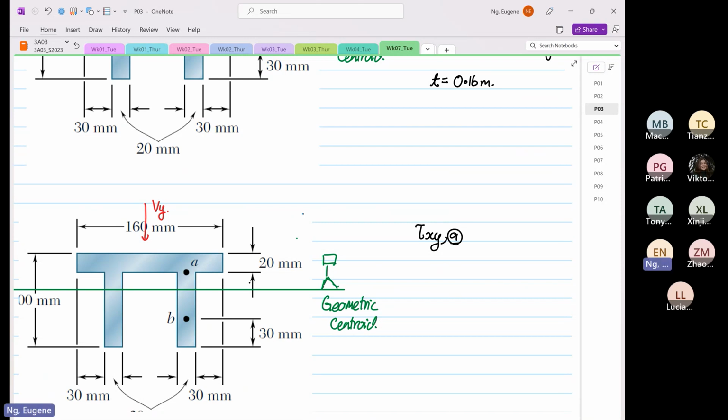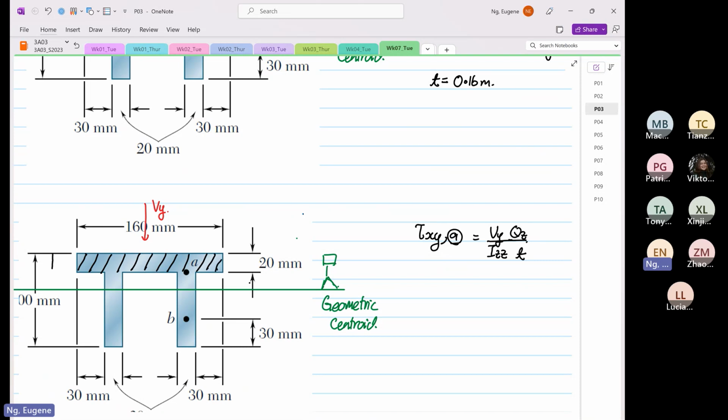Again, the formula is Vy over Izz Qz divided by T. Now, because it's at point A, the defined area that we want to look for is this whole area. And why is that the case?